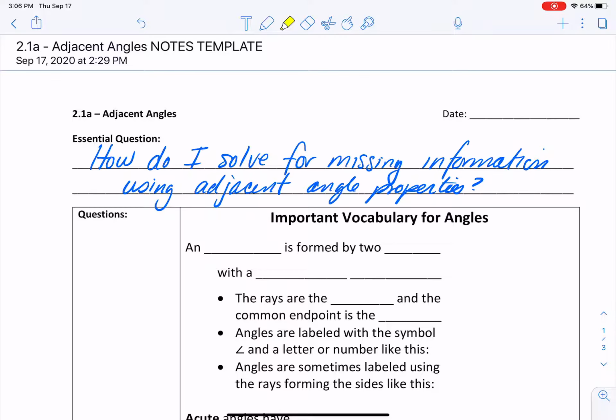So it really helps if we know what adjacent angles are.